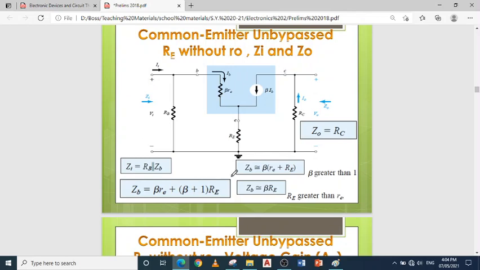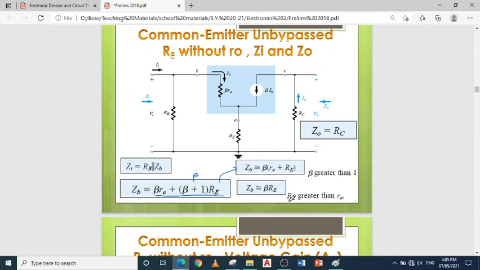We already derived this earlier. We approximate it since beta is greater than 1. This formula becomes like this: beta plus 1 is approximated as just beta. So, we factor it out, and it becomes like this.